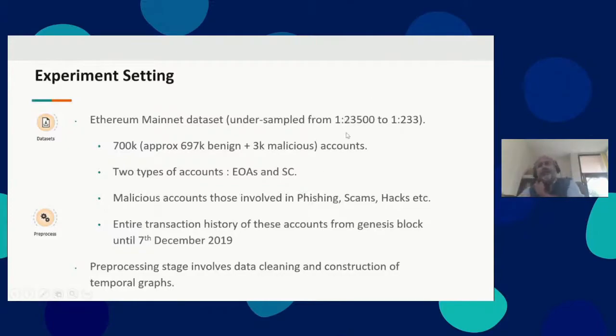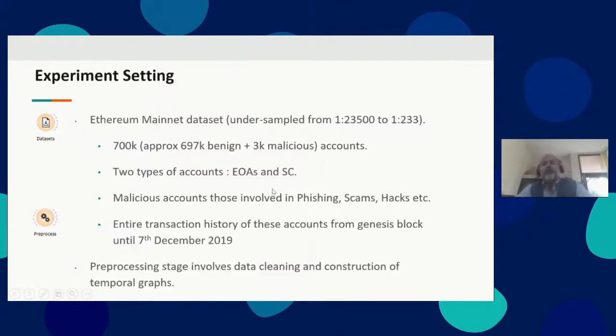Whereas the regular ratio of malicious versus non-malicious accounts was 1:23,500, we undersampled so that it is 1:233, because otherwise with an unbalanced data set, it's difficult to get good results, to get generalizable machine learning. So we take about 700,000 accounts, of which the majority, 697,000, were benign and 3,000 were malicious.